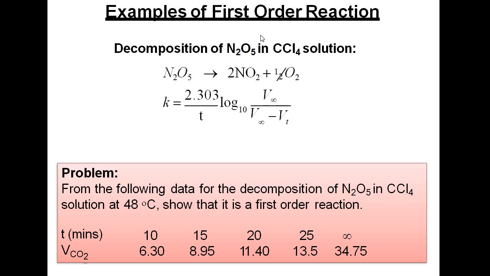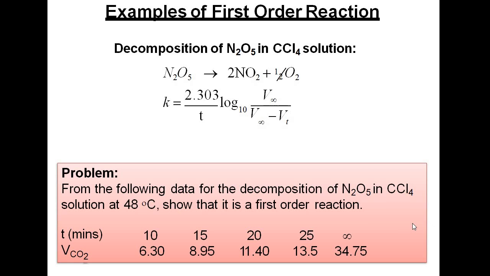Then examples of first order reaction. For example, decomposition of N2O5 in CCl4 solution. N2O5 gives us 2NO2 plus half O2. In this reaction, rate of reaction depends upon concentration of N2O5.